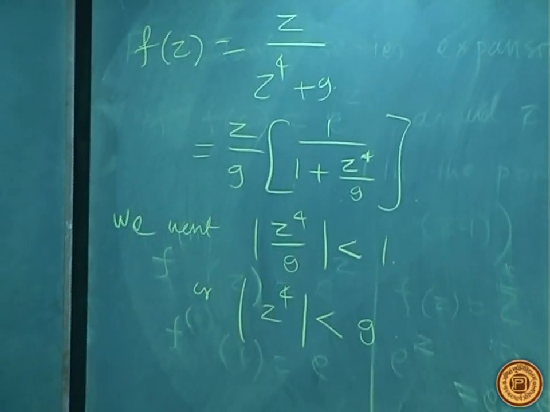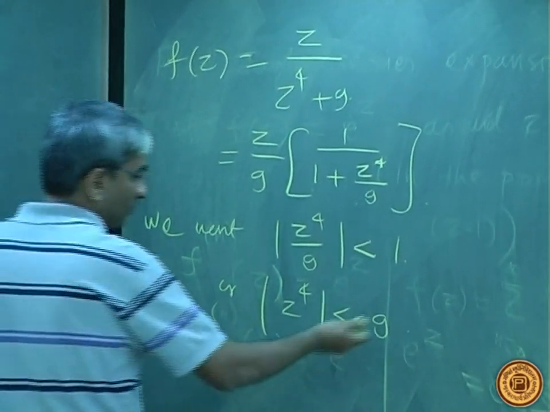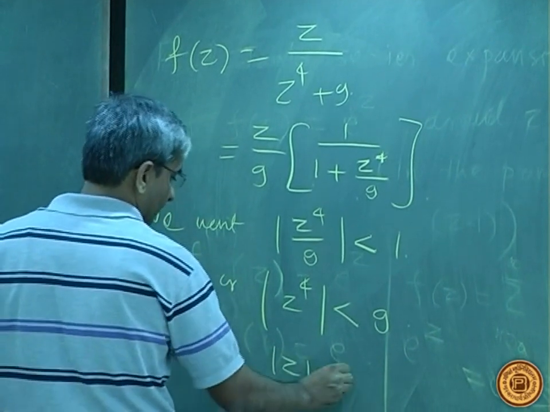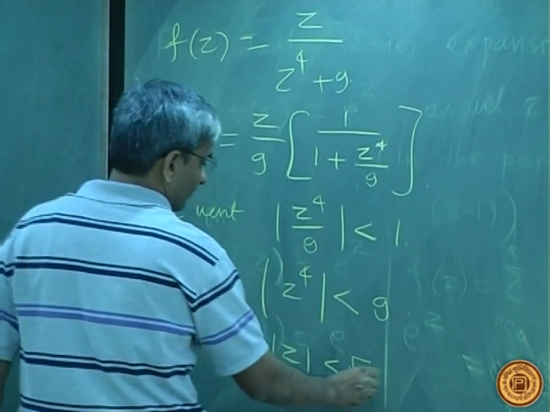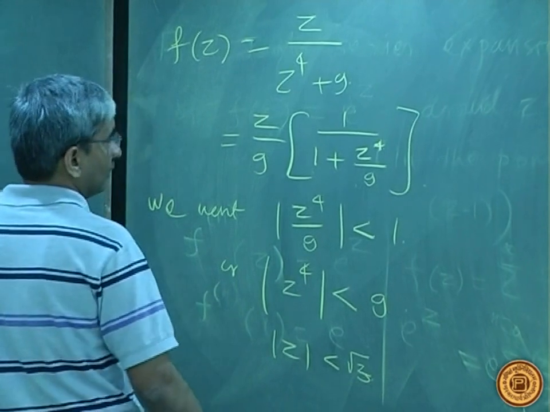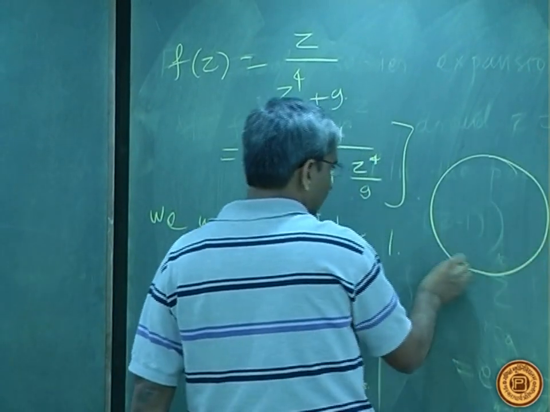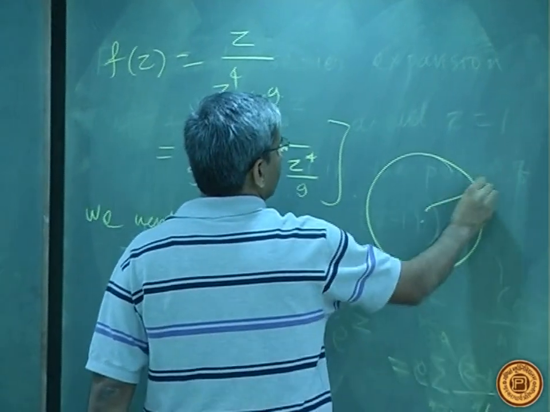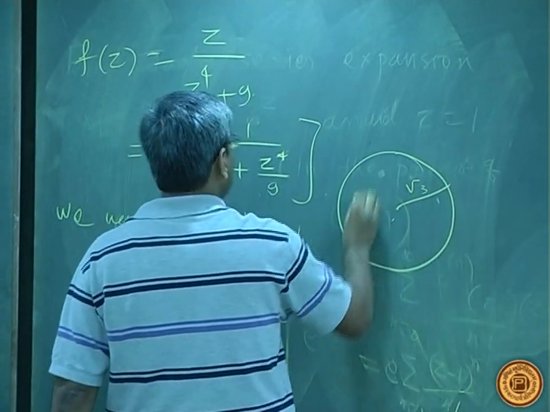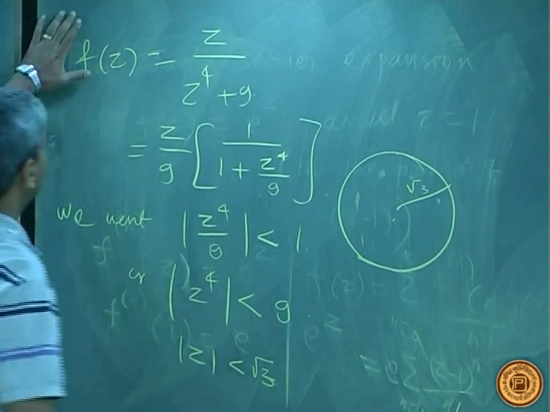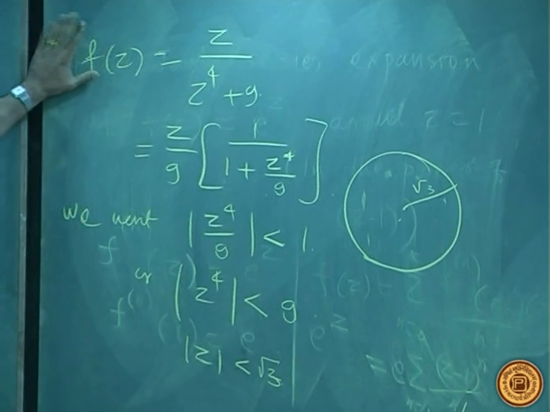So in other words mod z is less than root 3. So this is valid in the root 3 neighborhood of the origin. This radius is root 3. Then you can find the Taylor series expansion of this particular function.